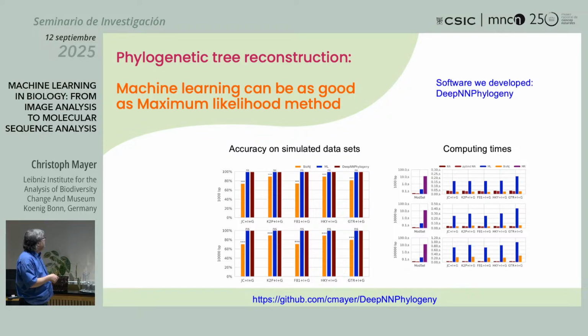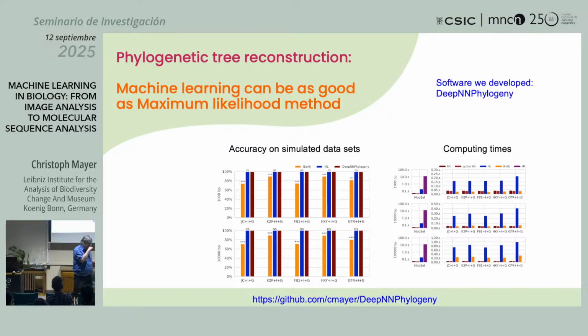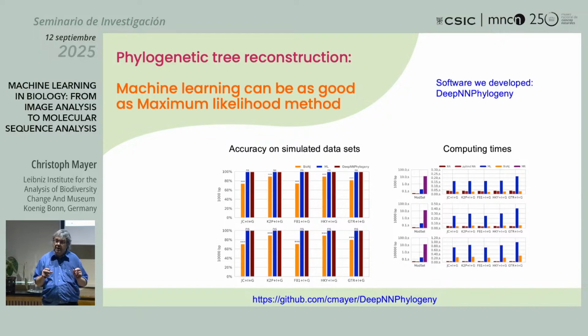This is a tree reconstruction. Maybe I should have put some more images here. We have 4 sequences, and we want to identify the best phylogenetic tree for 4 sequences. And that phylogenetic tree can be estimated.